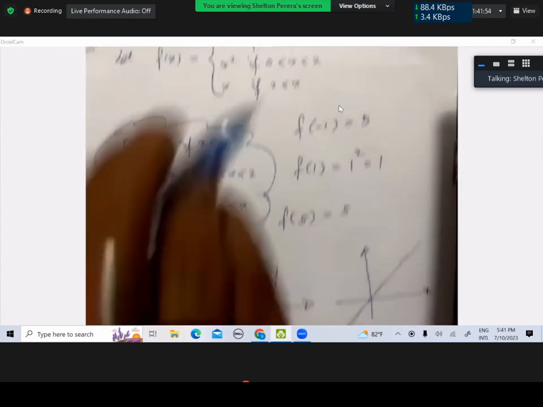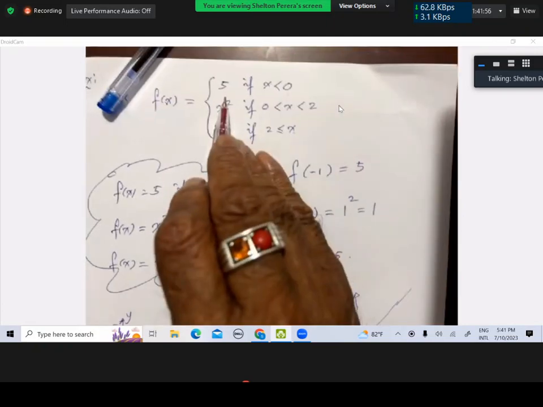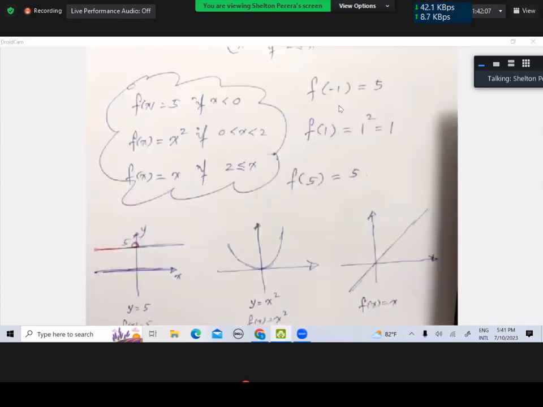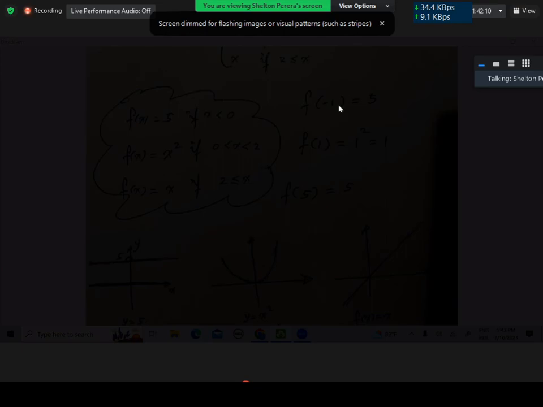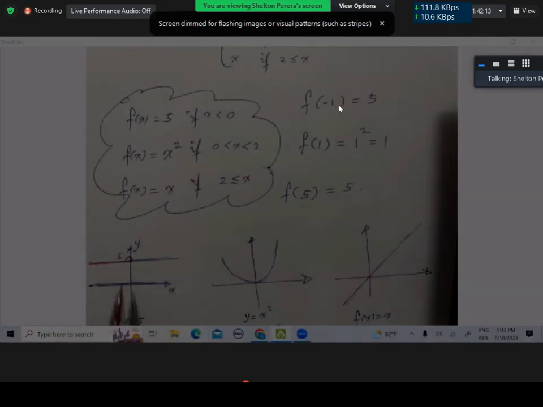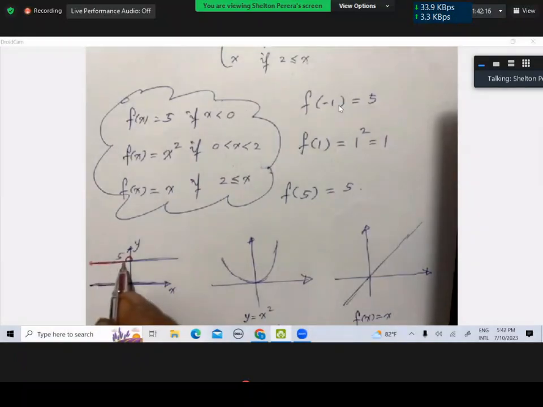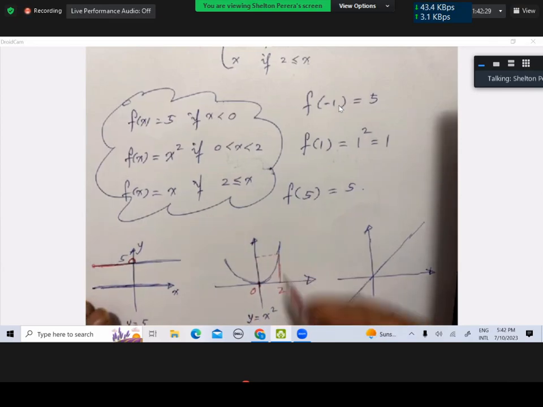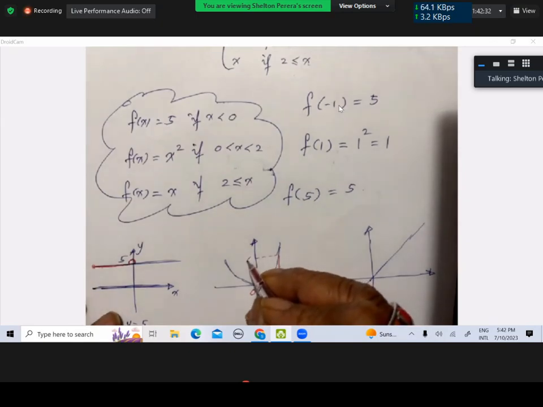Okay, from the first one, which part do we take? 5 for x negative. And there is a hole, less than 0. If x is less than 0, f of x is 5. This is the shape. And then for x between 0 and 2, at 2, f of 2 is 4, or y is 4.